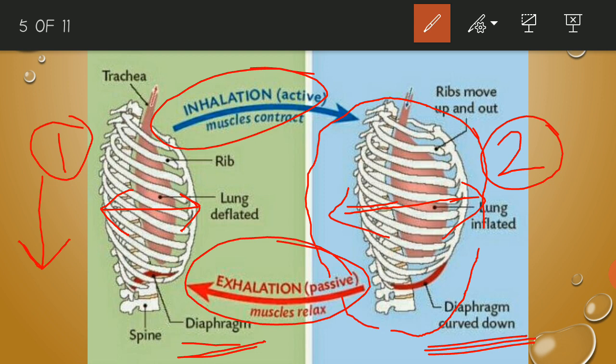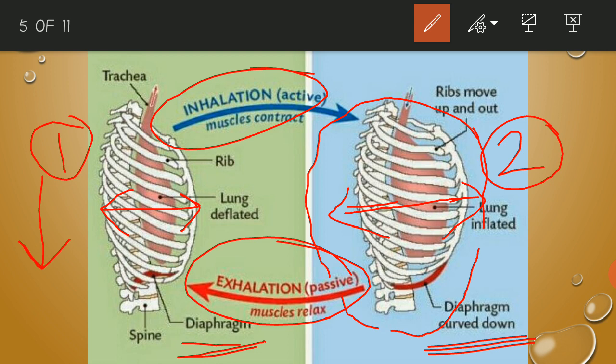So as a result, there is a suction pressure inside the lungs, and thus the oxygenated air enters the lungs through the trachea.